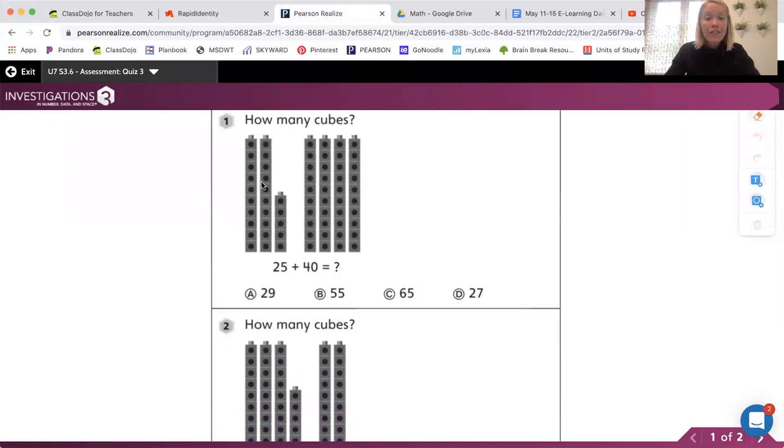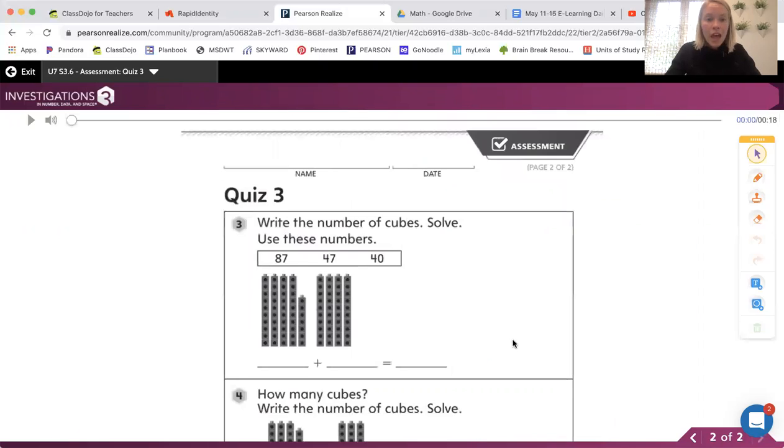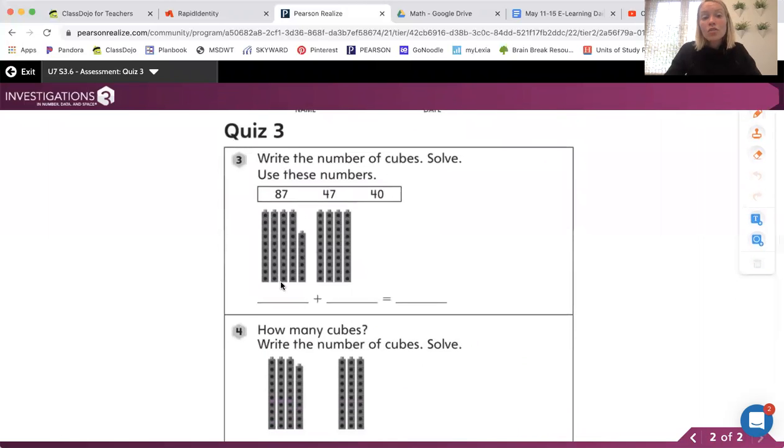So you're going to add these cubes together and choose the answer down here. Same thing here. You're going to add these cubes together and choose the answer down here. Down here, what you're going to have to do is count these cubes and write the number that matches. So you're choosing one of these numbers up here. Count these cubes, write the number that matches, and then add them together.